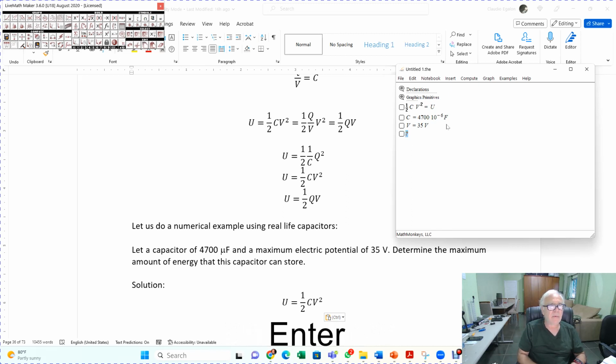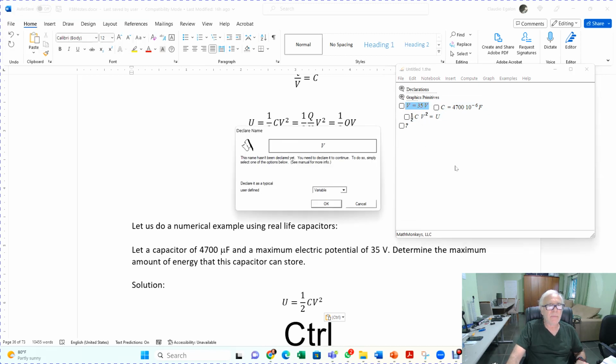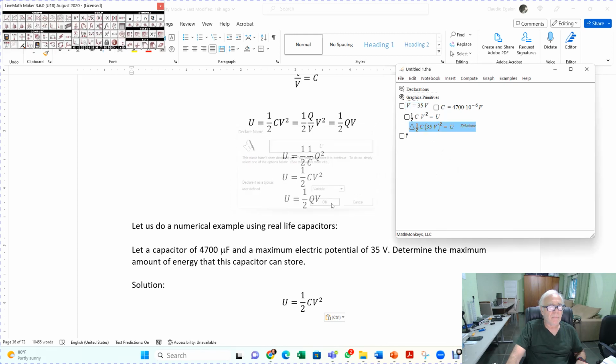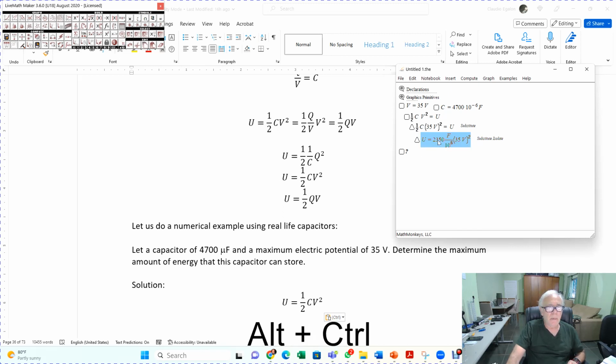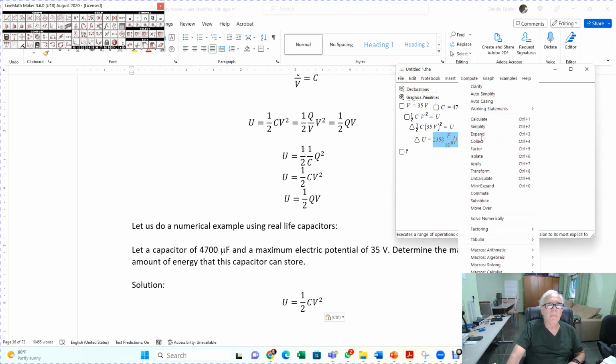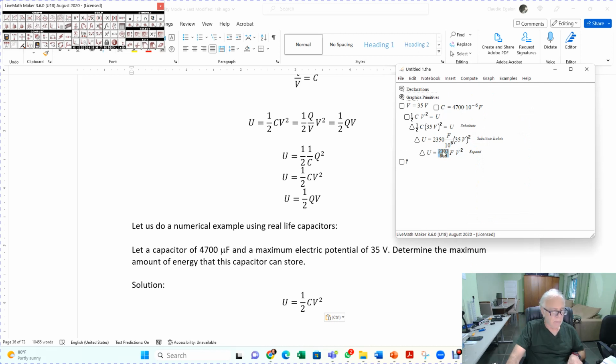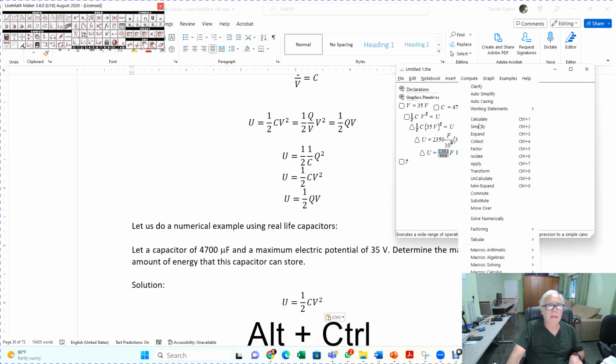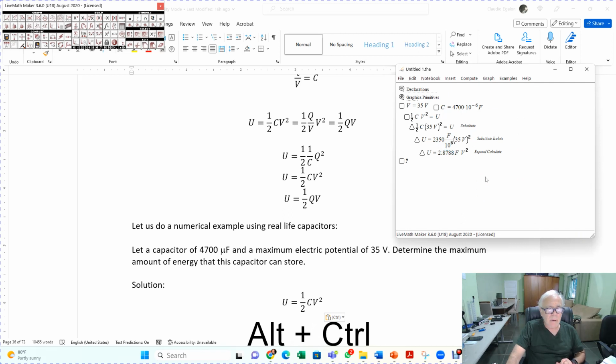Don't forget this value that we are talking about is just the maximum energy that a specific capacitor can carry. Substitute all the values here. Stick here the capacitance and expand. I'm going to compute that, calculate. That's what I'm getting here.